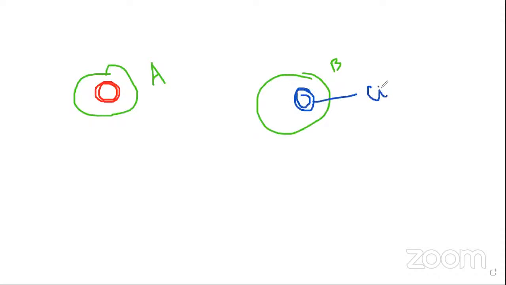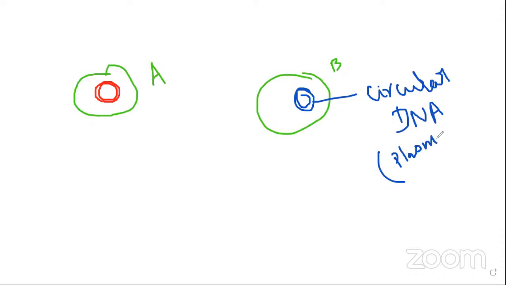What is the meaning of circular? A circular DNA molecule is simply called a plasmid. This is a circular plasmid. Both are the same.